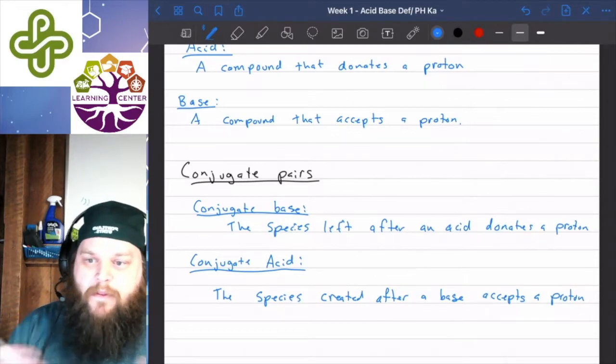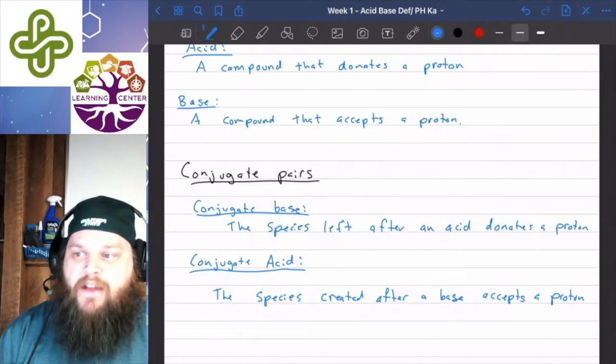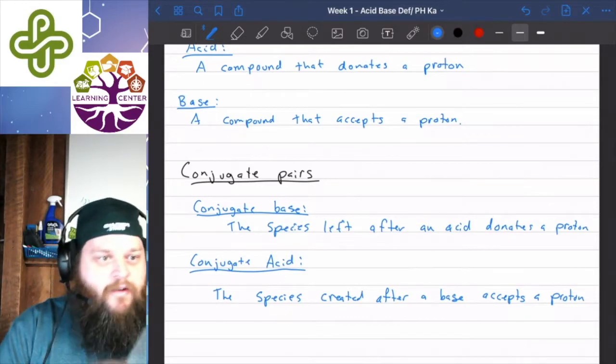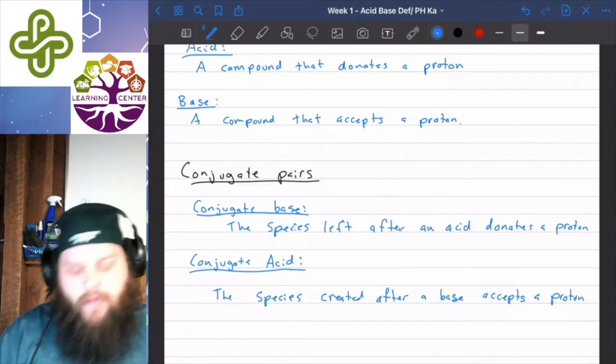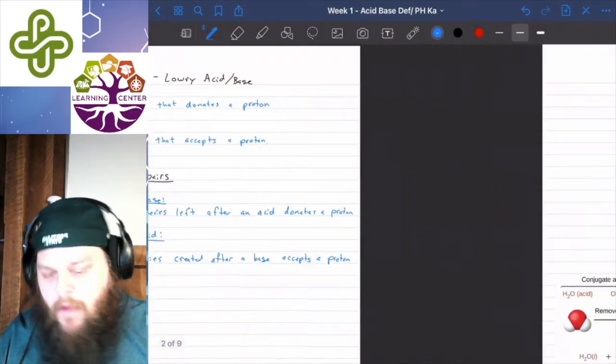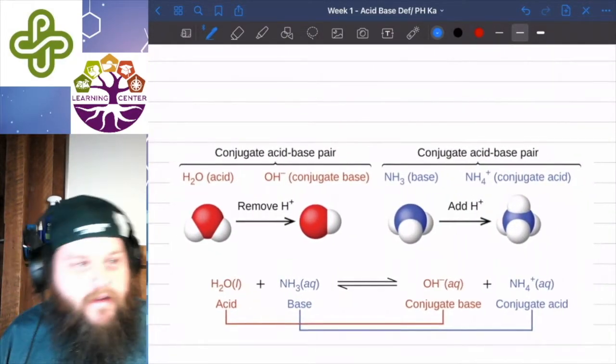So once the base accepts that proton, it becomes the conjugate acid. It's basically the base that turned into an acid, where the conjugate base is the acid that turned into a base. And we can see that we have a picture from your textbook down there.